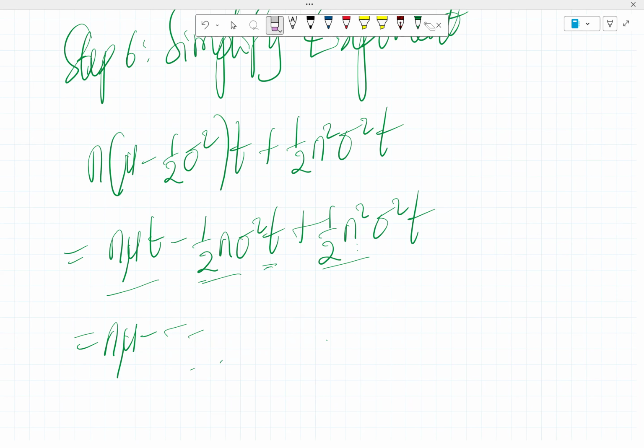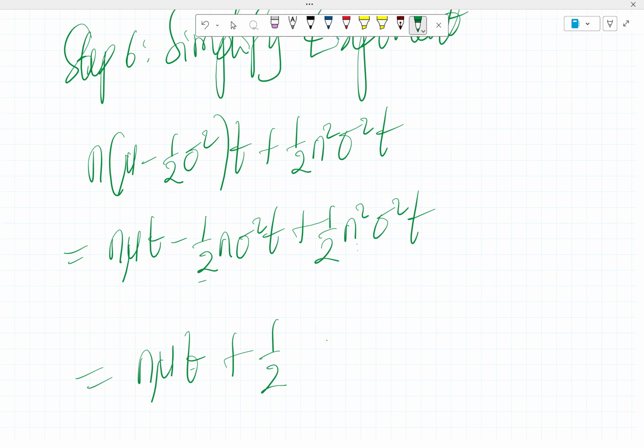Or if I do that slowly, this is what's happening. N mu t, then we have plus half n squared sigma squared t minus half n sigma squared t.